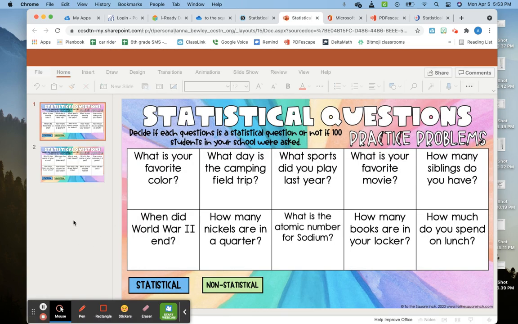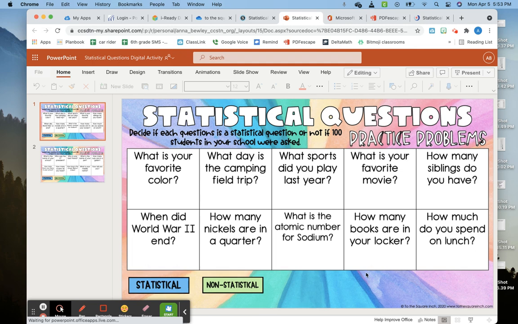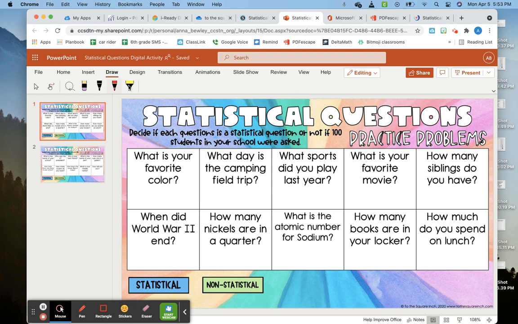So this activity, it's 2 different slides. There's 10 questions on each slide. All you have to do is decide if it is statistical or not statistical. And it tells you up here at the top to decide if each question is a statistical question or not if 100 students in your school were asked.